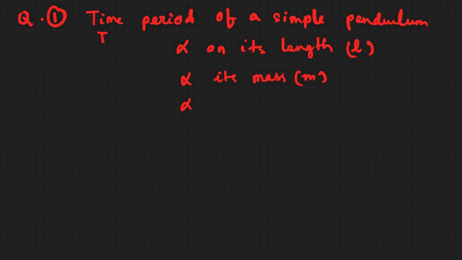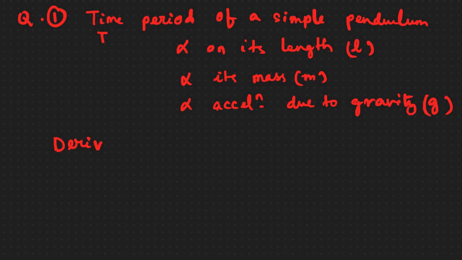It also depends on acceleration due to gravity, which you can take as G. Now what I am asking is, derive a relation between the time period of the simple pendulum and the length, mass and acceleration due to gravity. Derive the equation which will be dimensionally correct for this situation.